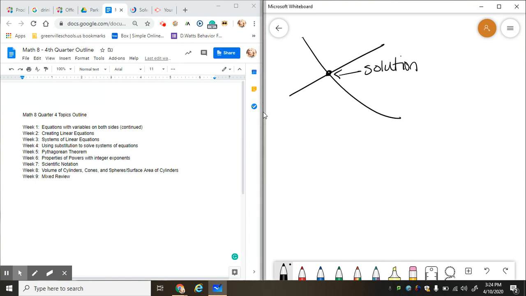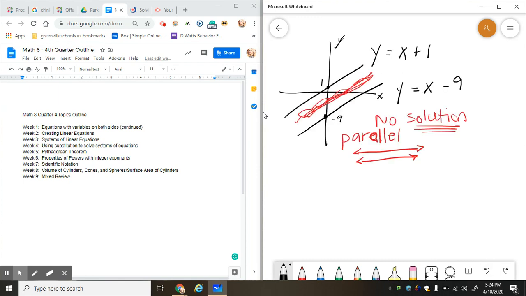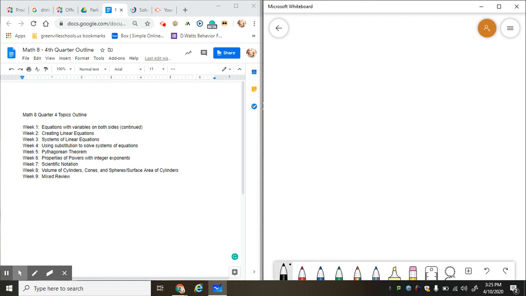If they both cross at this point, that right there is the solution. I'm going to show you 3 different types of graphs that you're going to come across, and then I'm going to show you how to solve 2 different ways.